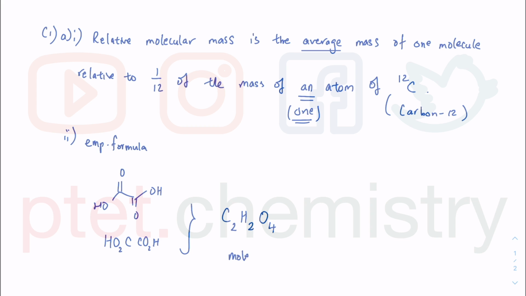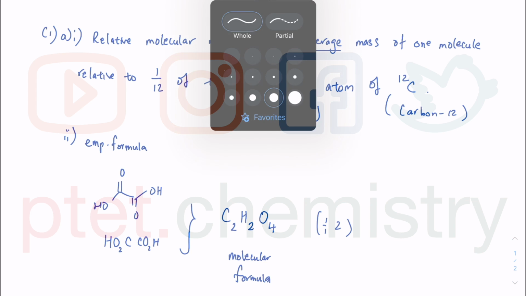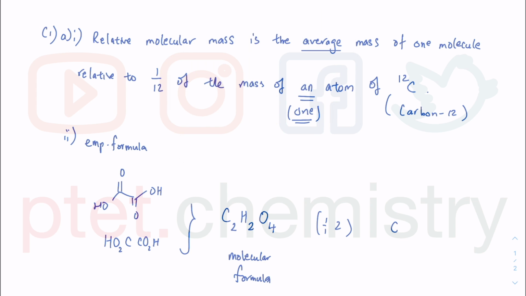That is what you call molecular formula, because it shows the actual number of atoms in one single molecule. So you divide by 2 throughout: 2 divided by 2 gives 1, 2 divided by 2 gives 1, 4 divided by 2 gives 2. So it's CH2O for the empirical formula, and that is what you want for this particular question.